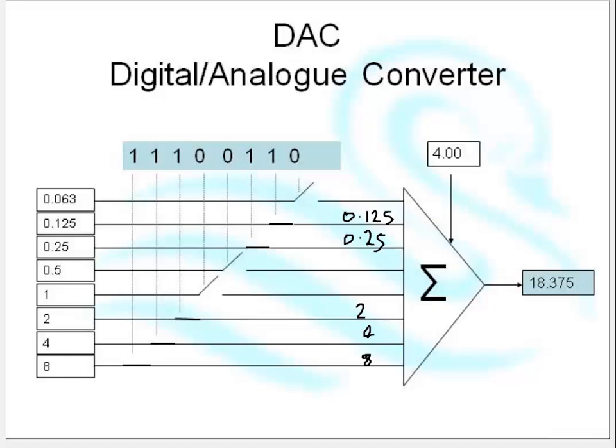And my summation block adds all of those together, and also the 4 milliamps that's coming in always on the top, and it gives me a milliamp output of 18.375. So that's how a DAC works. It's simply a bunch of switches and a special type of op-amp which allows you to do addition.